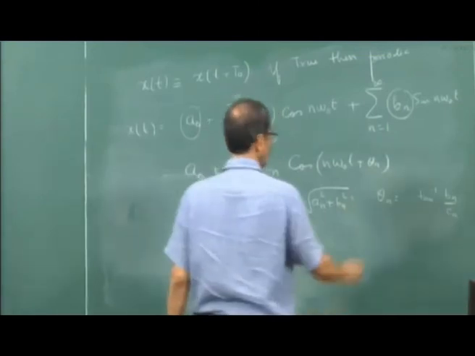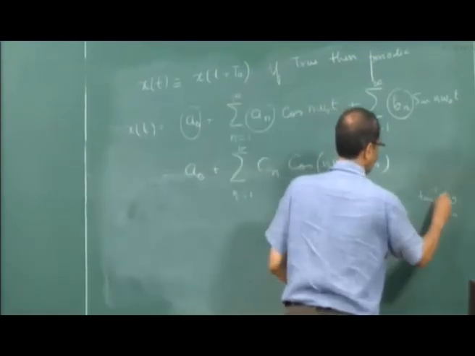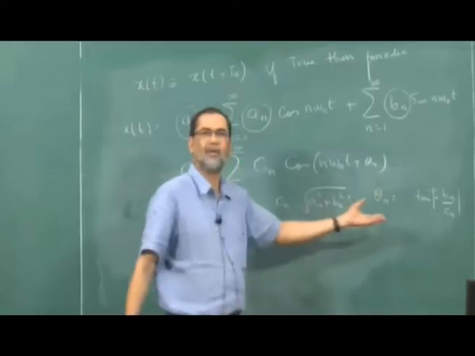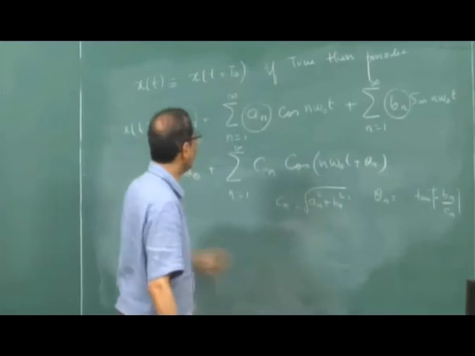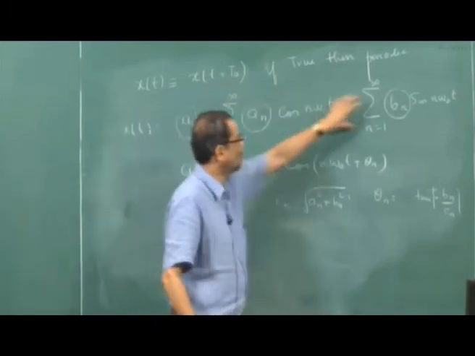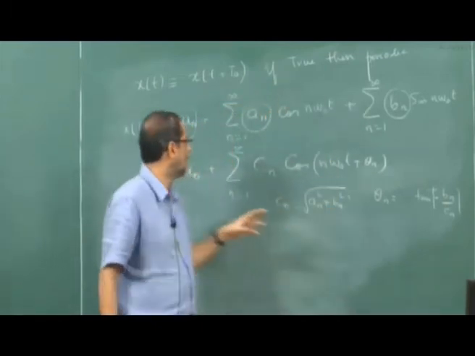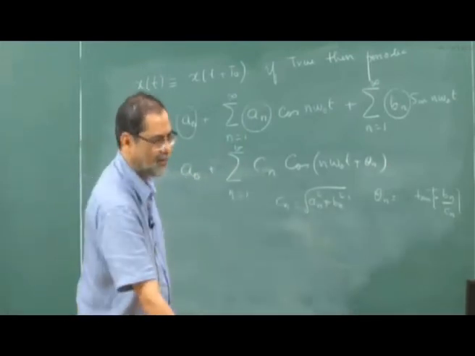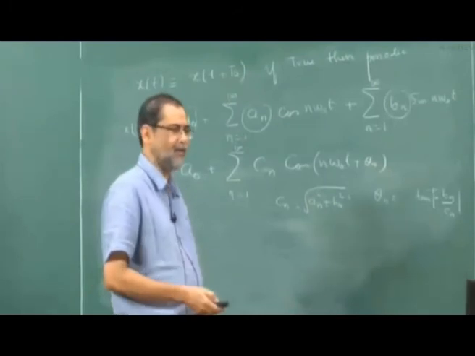Oh, sorry, it's minus bn here, and you can show this. I'm sure those of you who understand trigonometric identities, for them it is no sweat, it can be done easily. So instead of having two infinite sums, I have only one infinite sum, so it's more compact, right? So this is one compact form of the same result.